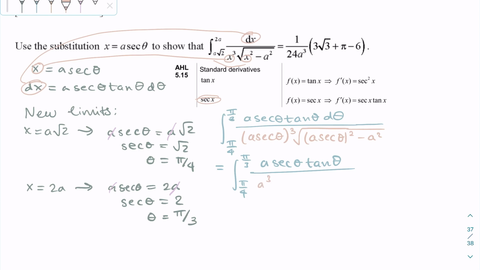We can distribute the cube and the square in the denominator. One of the secant thetas from the denominator can cancel with the one from the numerator, and we also cancel the a from the numerator and denominator.